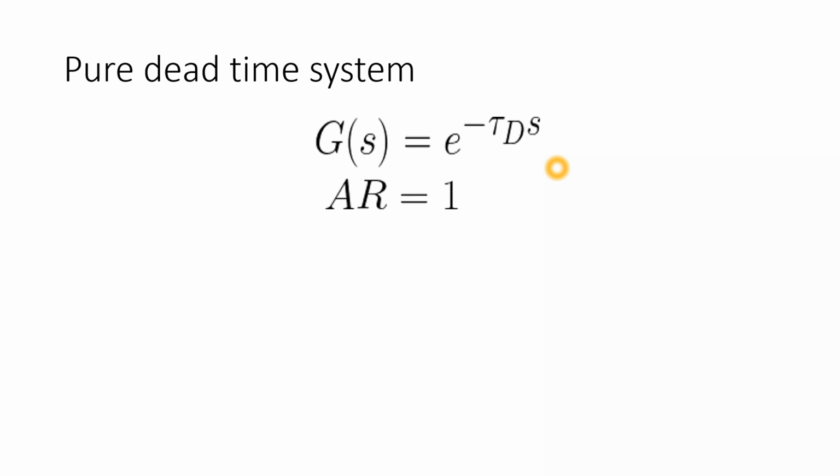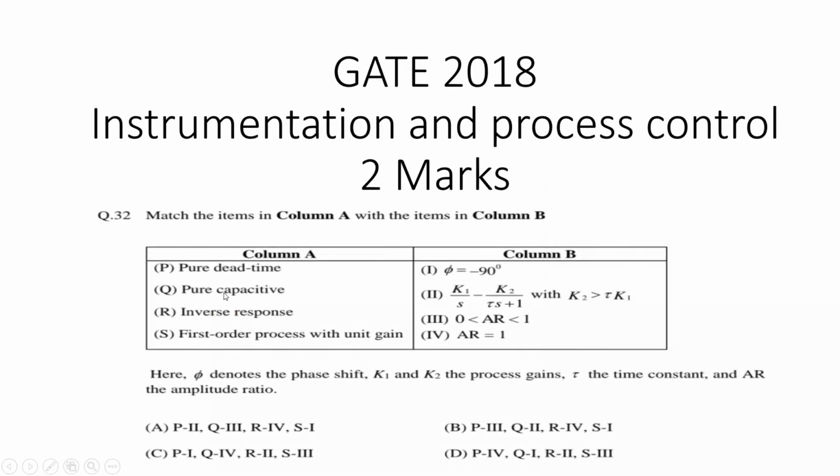So from the question, for pure dead time, P should be fourth. For pure capacitive system, Q should be first. R should be second, and S should be third. So option D is correct.